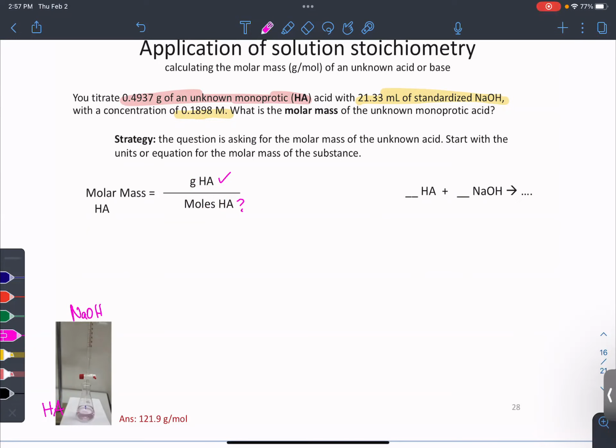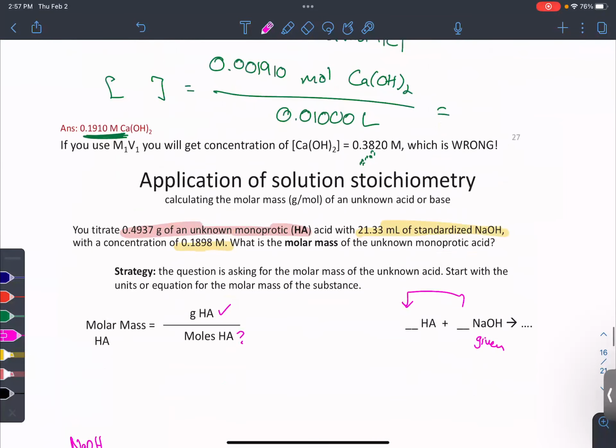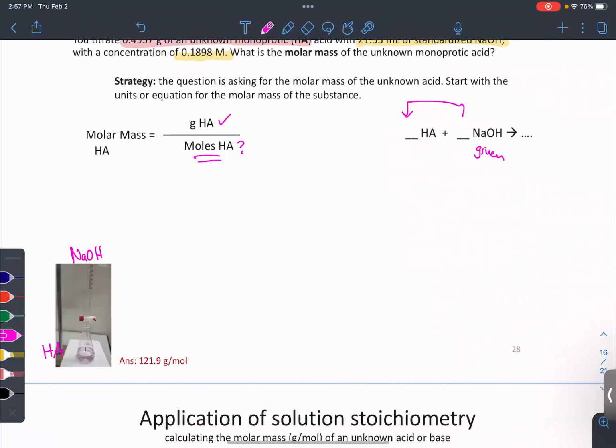It's the same calculation we did before, where we are given the concentration and volume of sodium hydroxide. We just need to work our way and figure out how much acid has to react. So it's the same calculation we did previously, volume, molarity, stoichiometry, but this time that number is going to go in the denominator. That's the only difference here. But let's keep doing it.